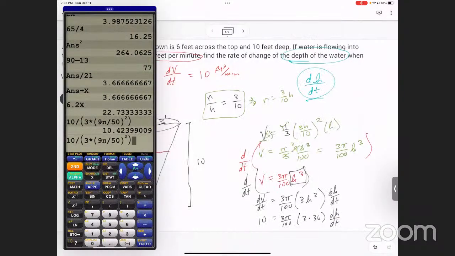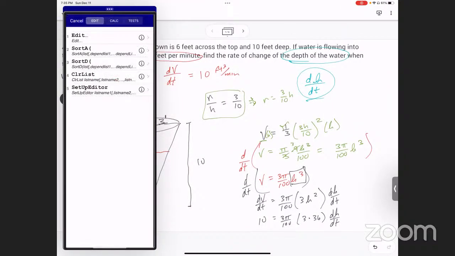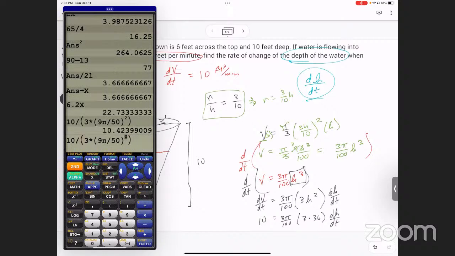It's going to be 10 divided by 3 times 3 times pi times 36 on the top, and then I'm going to divide that by 100. Let's delete that.